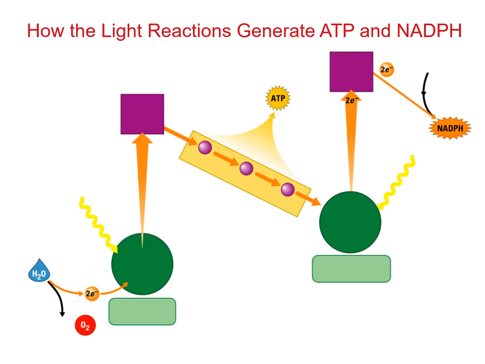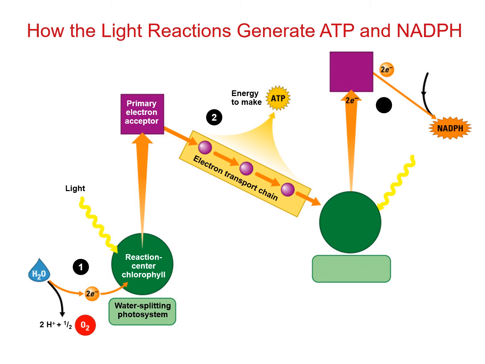How do the light reactions generate ATP and NADPH? Two connected photosystems collect photons of light and transfer the energy to chlorophyll electrons. The excited electrons are passed from the primary electron acceptor to the electron transport chain. Their energy ends up in ATP and NADPH.